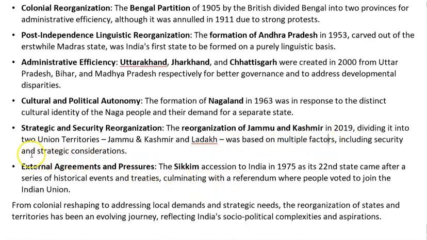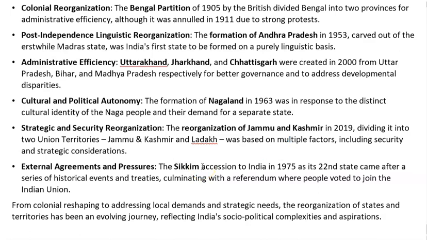Then while security is one reason for the creation of Sikkim, another reason for creation of Sikkim is the external agreements and pressure. So we are continuing from this point to this point. Not only the pressure created by the people and the agreement signed by the Sikkim rulers with India, even security was a consideration for the creation of Sikkim, because the people of Sikkim were afraid of external agencies intruding into their affairs.